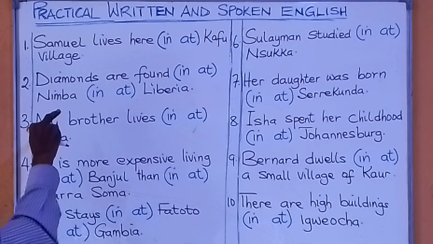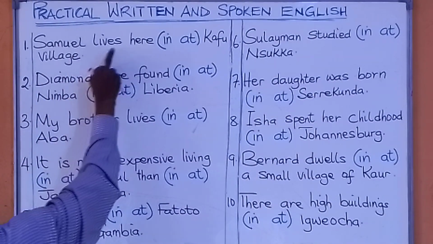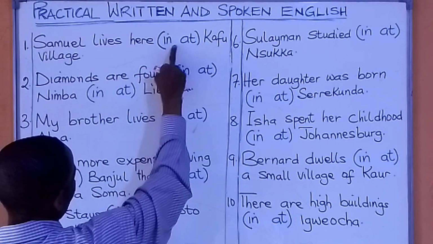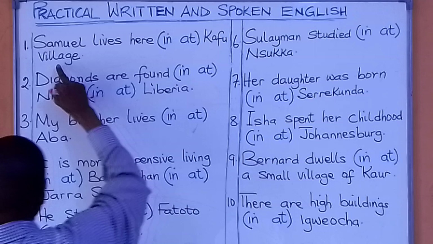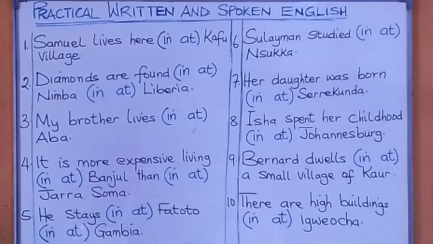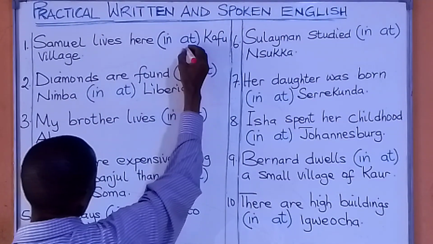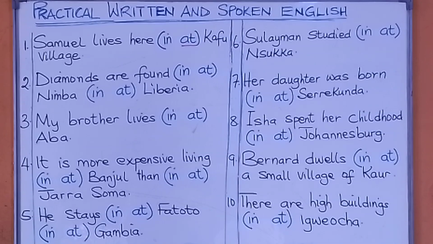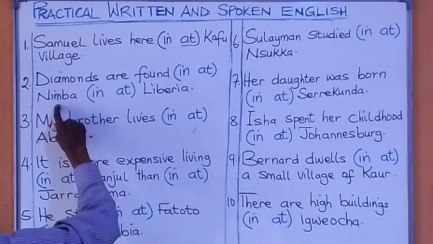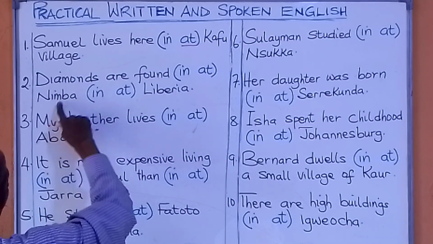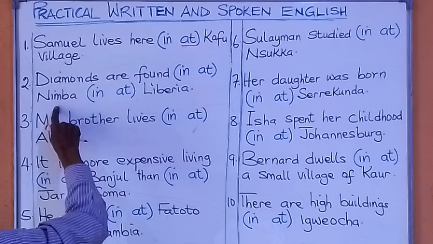Look at number 1. Samuel lives here in Kafu village, at Kafu village. What are we going to underline? Samuel lives here at Kafu village. Look at number 2. Diamonds are found in Nimba, at Nimba.